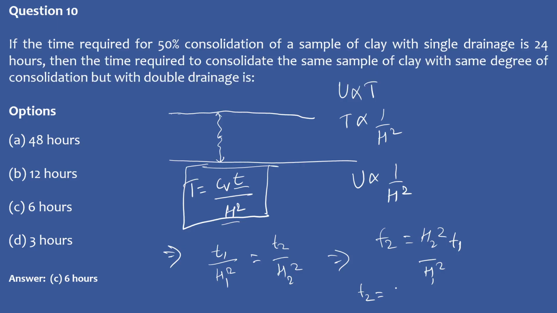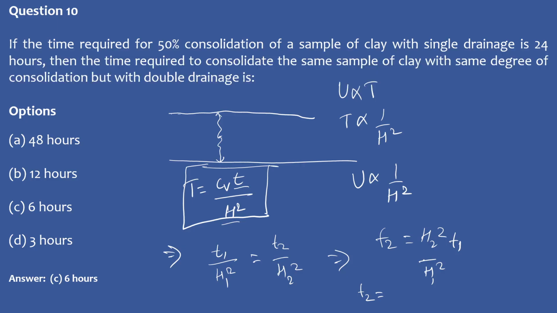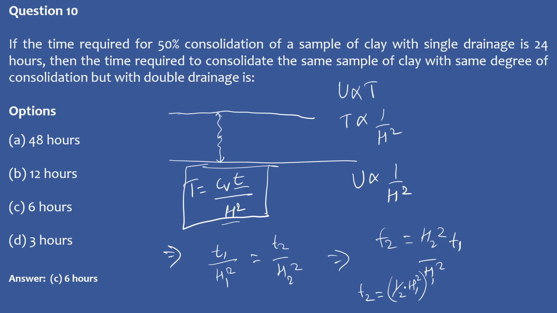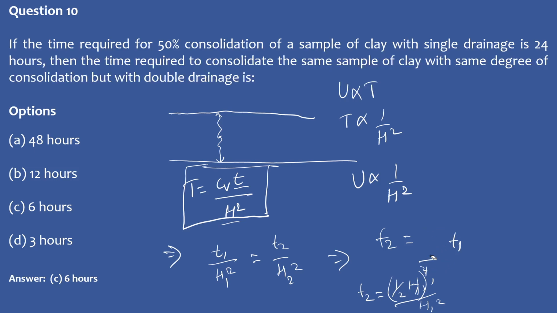Then the time required to consolidate with the same degree of consolidation with double drainage: in the second case, the distance the water has to travel becomes half. So h2 is 1 by 2 of h1, squared.